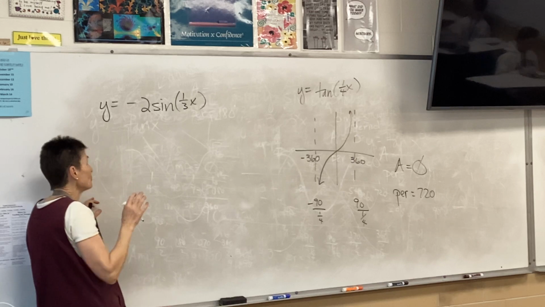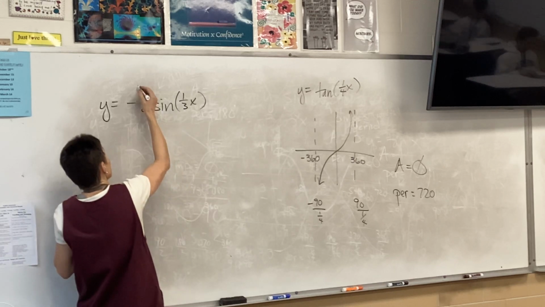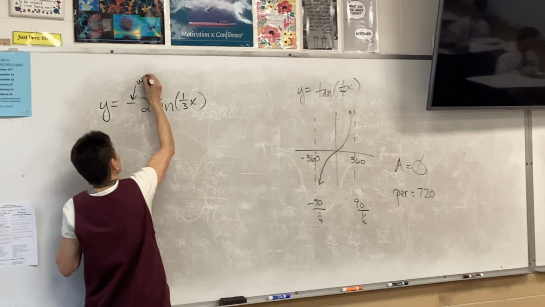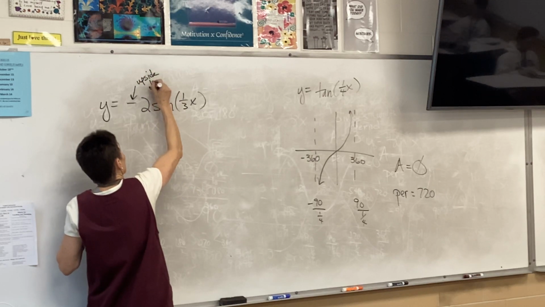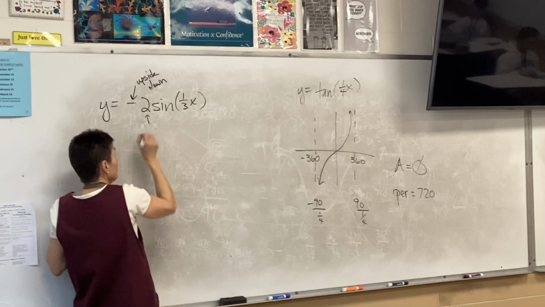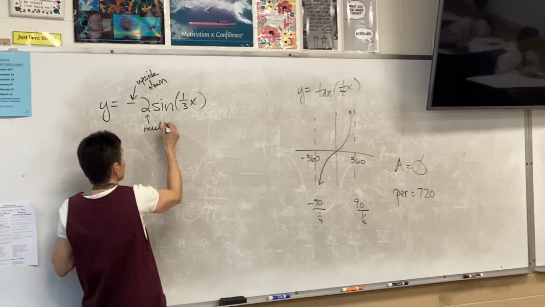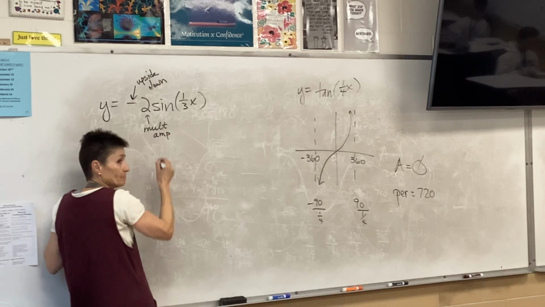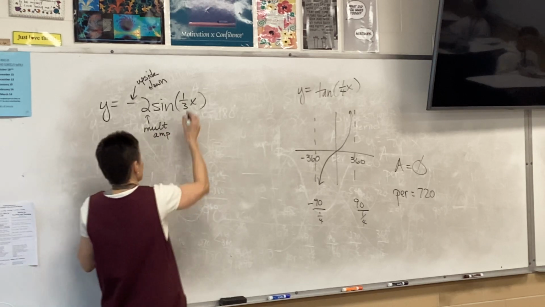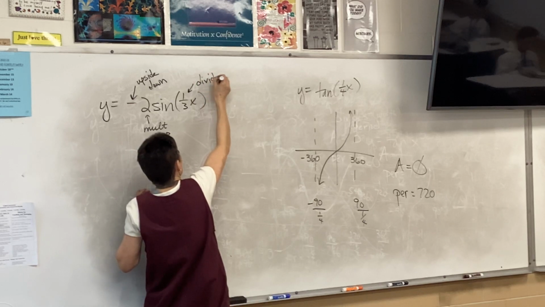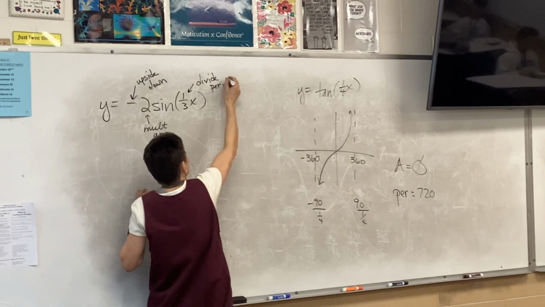You don't have to do that, but let's go through it for my sake. What does this negative do? Upside down. What does that 2 do? Multiplies amplitude or height. What does the 1/3 do? Divide period or width.